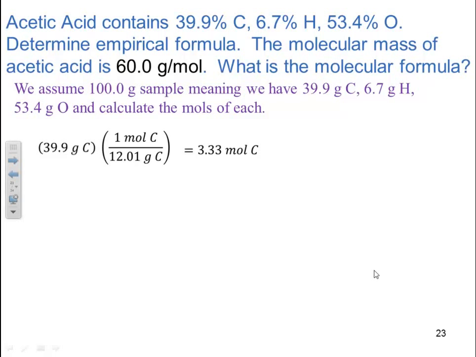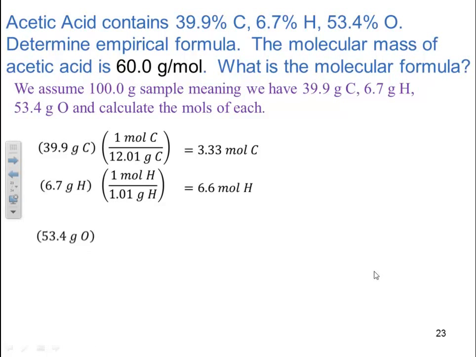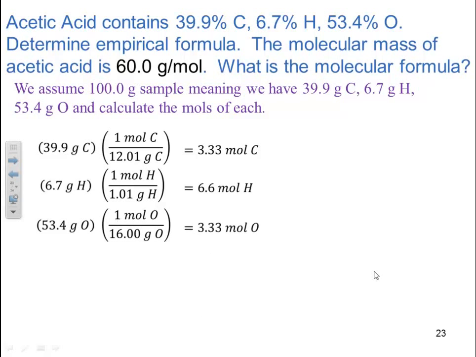Tells me I got 3.33 moles of carbon. Hydrogen, molar mass, 6.6 moles of hydrogen. 53.4 grams of oxygen divided by 16.0 gives me 3.33 moles of oxygen. Notice all my units are canceling, leaving me in moles. So now I know the ratio of carbon, hydrogen, and oxygen.